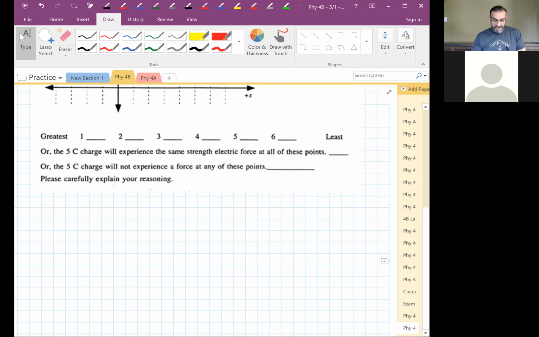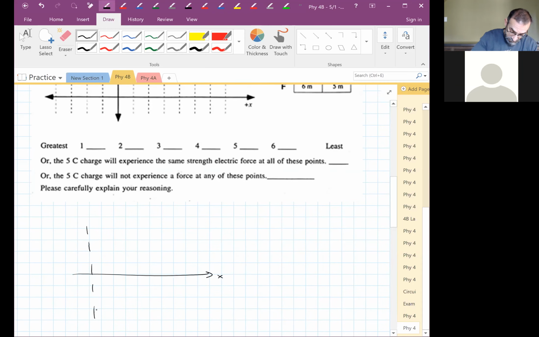So our equipotential lines look like this. What would the electric field lines look like?